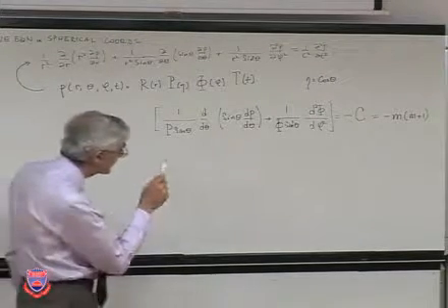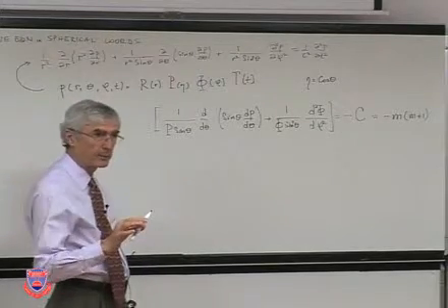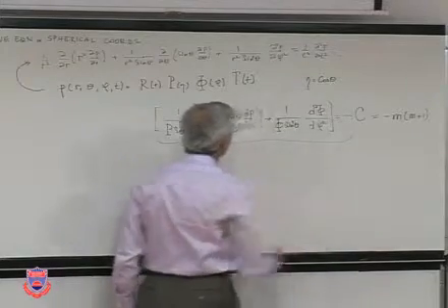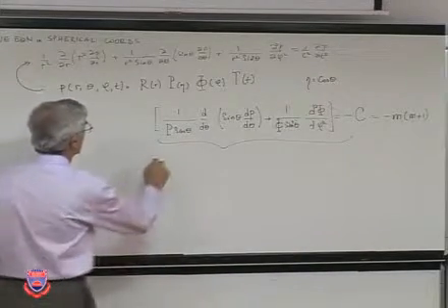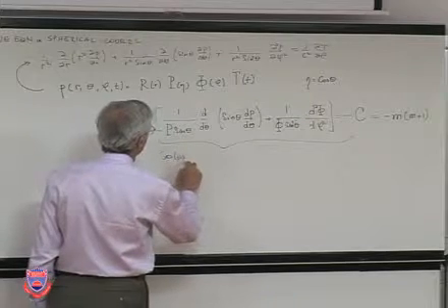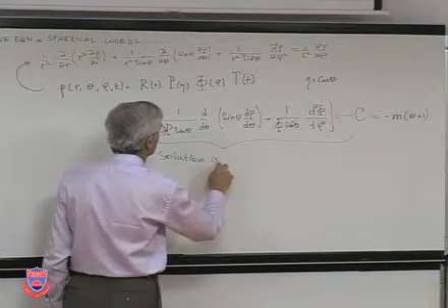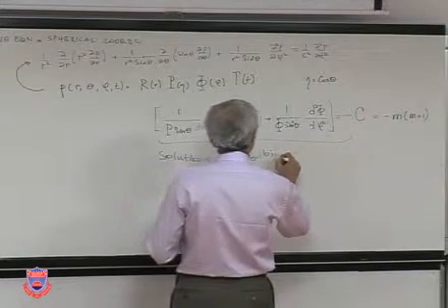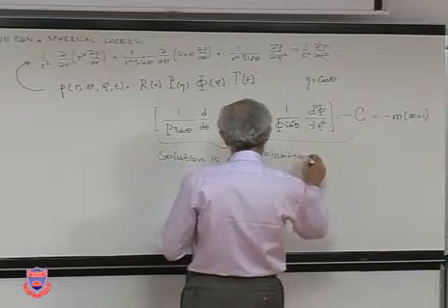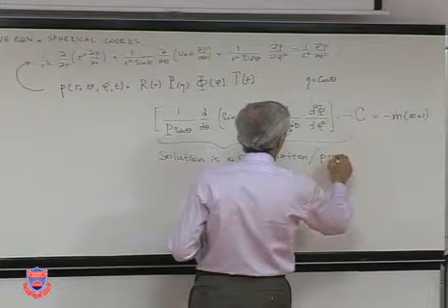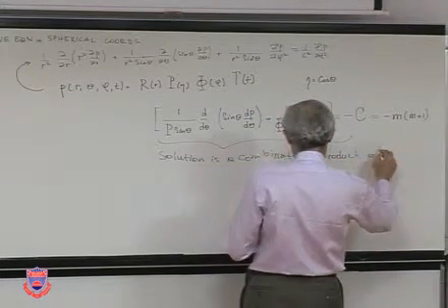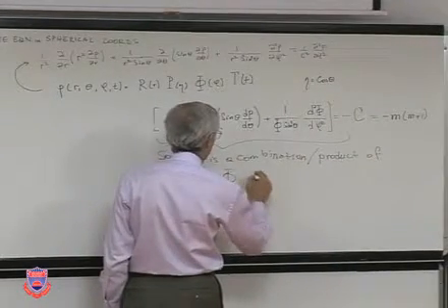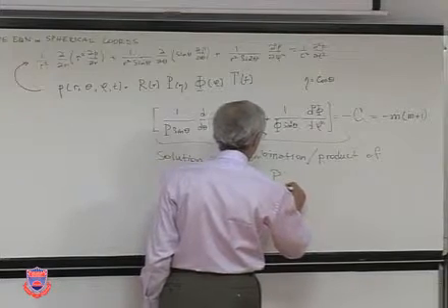Now, when you look at this equation, this is a different way of looking at the same thing. The solution is a combination, or product, of phi and PMN.